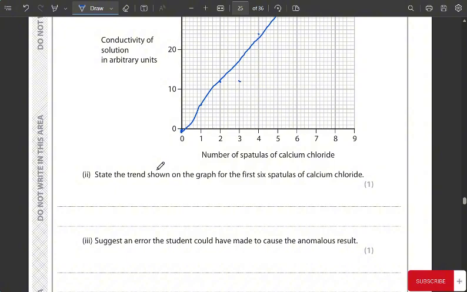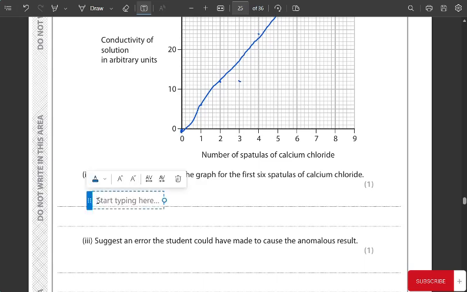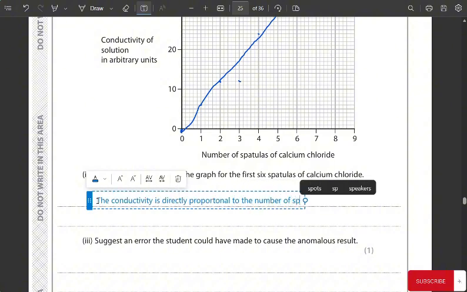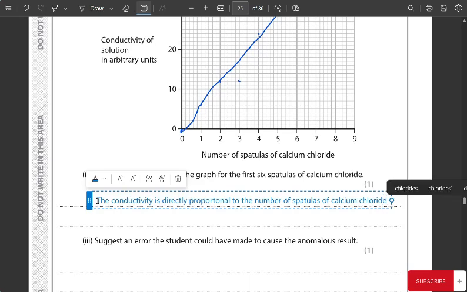State the trend shown on the graph for the first 6 spatulas of calcium chloride. The conductivity is directly proportional to the number of spatulas of calcium chloride added.